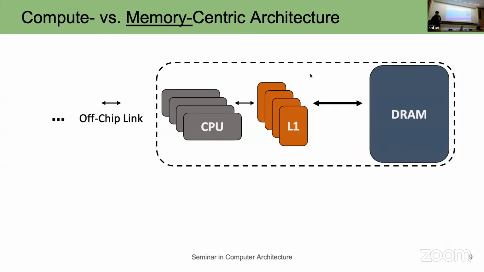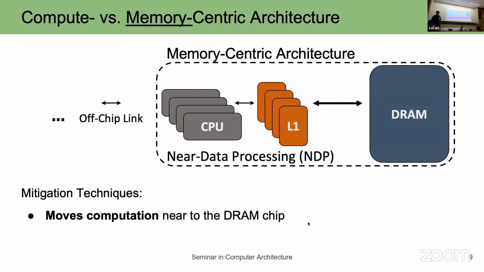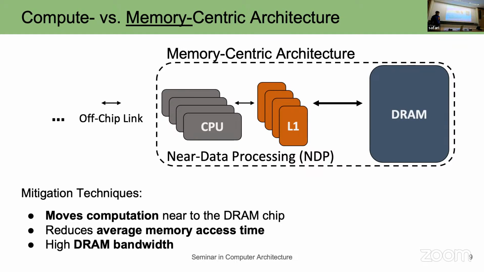So I will now introduce a new architecture, the memory-centric architecture. One example of these are near-data processing architectures, or NDP for short. The mitigation techniques applied are that it moves the computation closer to the DRAM chip, it reduces the average memory access time, and has a higher DRAM bandwidth.